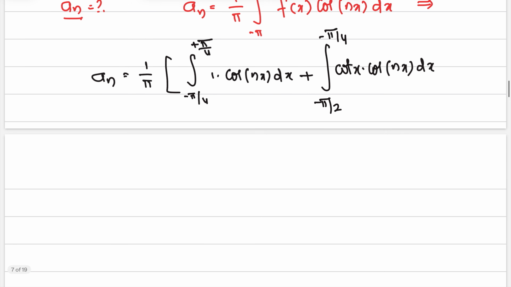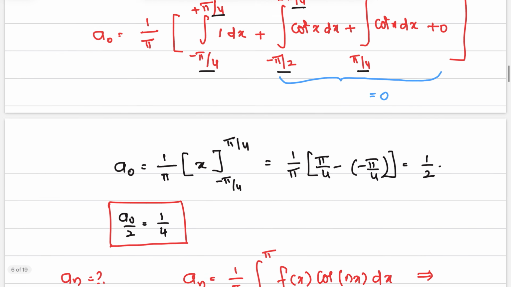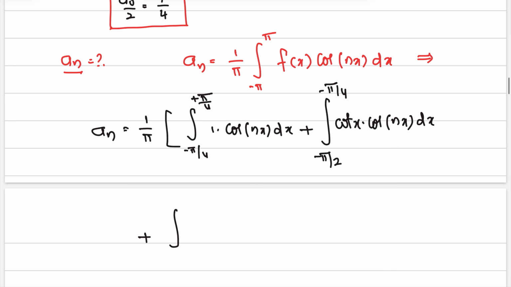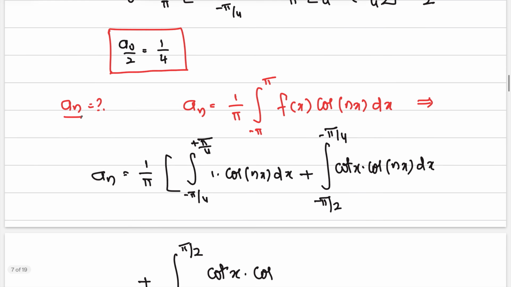The next part will be the integral from plus pi by 4 to pi by 2 of cot x into cos nx.